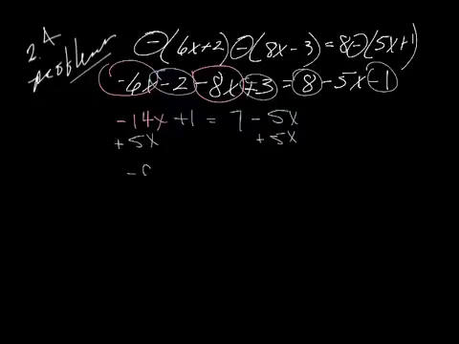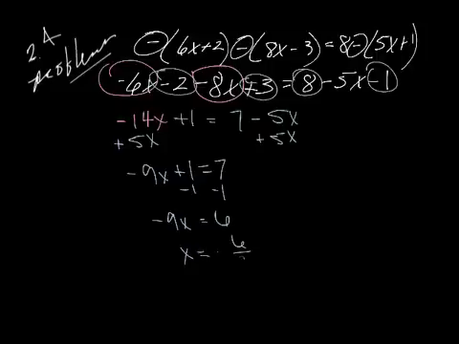So this is negative 9x now. Subtract 1, we get negative 9x equals 6. So x equals negative 6 over 9. And 3 goes into both 6 and 9 twice and 3 times. Don't forget the negative there. And there you go.